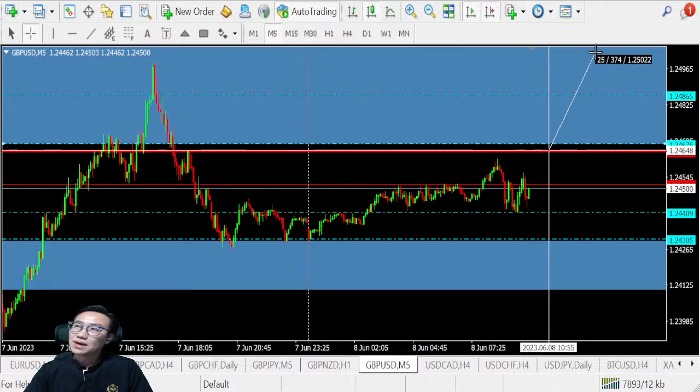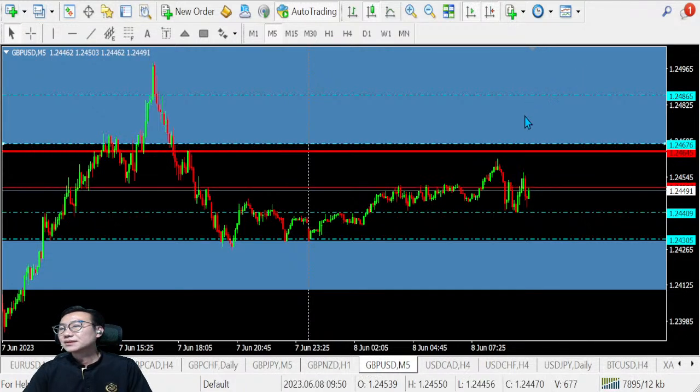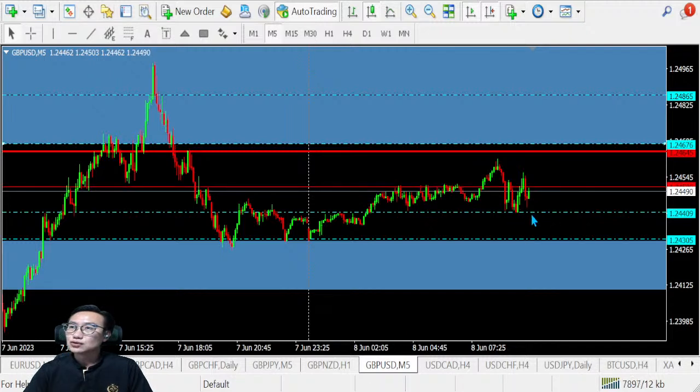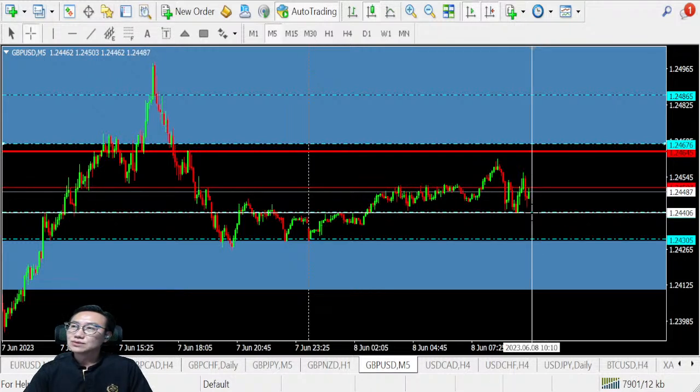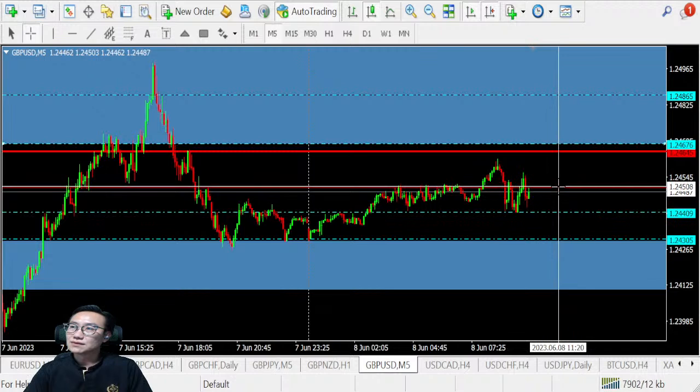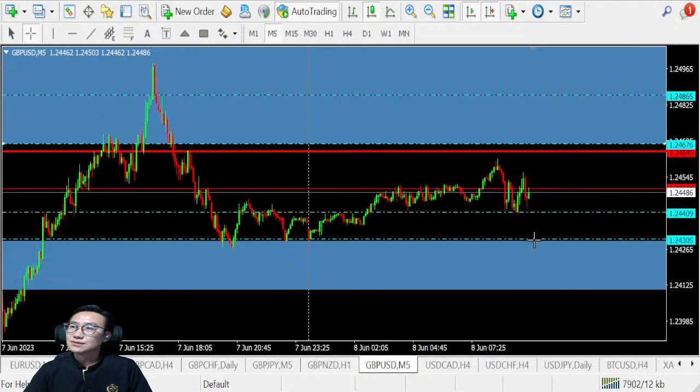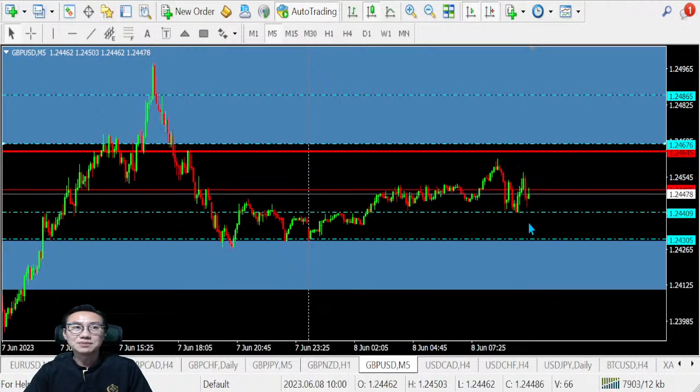Then we will go for a buy up there. In this case, by looking into this area here, it has to break below. We have about 18 pips. Then we'll see how it goes.